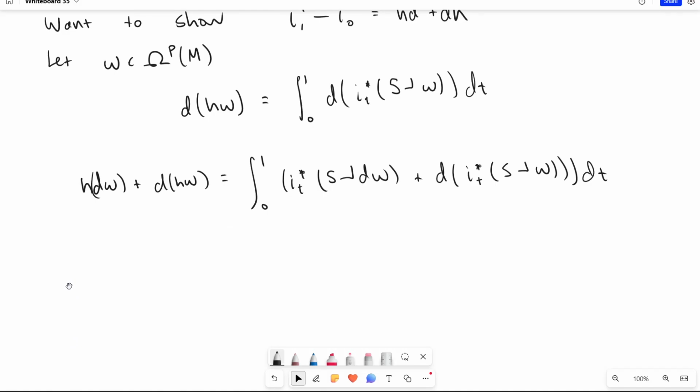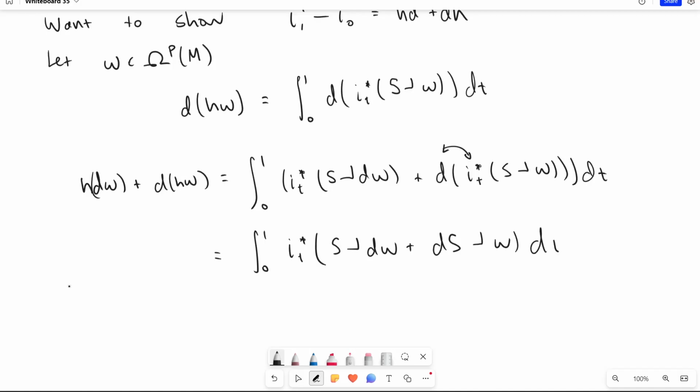So to evaluate, we can commute using the naturality of the exterior derivative. It commutes with pullbacks to switch the order of the I_t. So this is the integral from 0 to 1 of I_t star. So we're going to swap these, and then I'm going to pull the whole I_t out of everything. So this becomes s interior multiply d omega plus d s interior multiply omega.